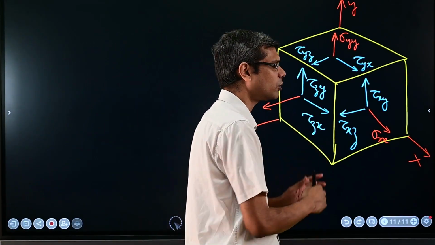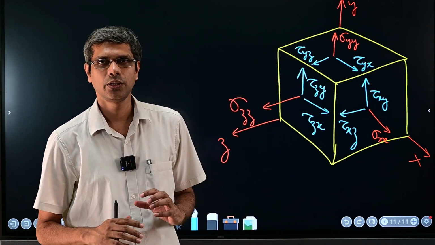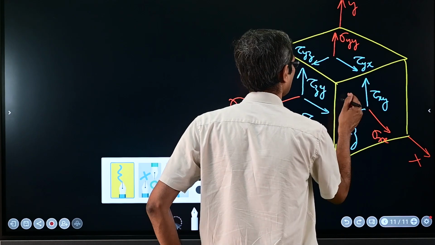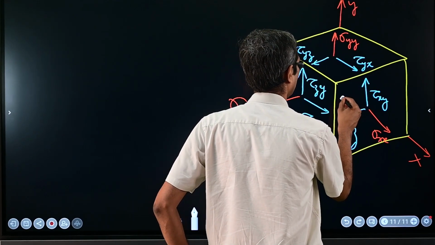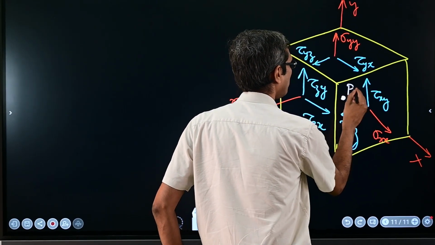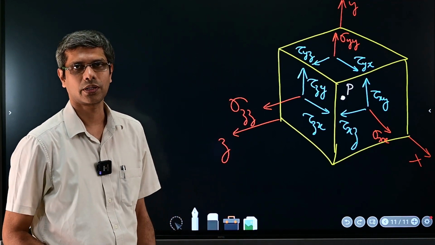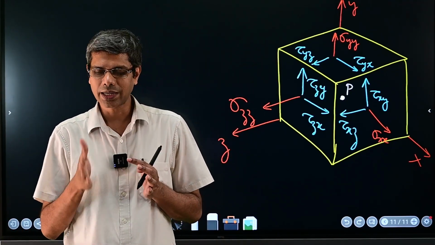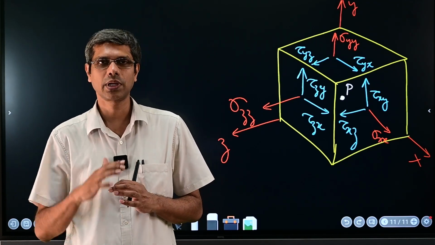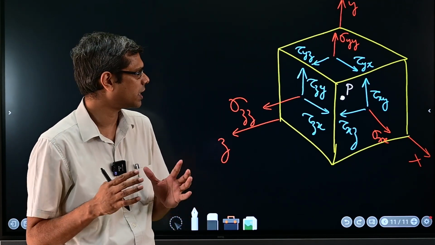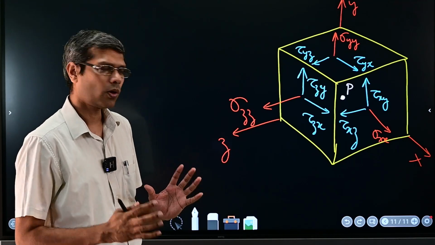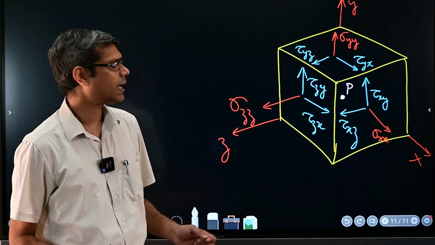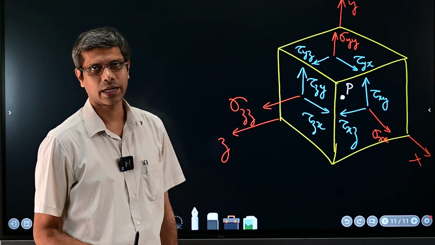But whenever you look at this cube, you should think that there is a point somewhere at the center. Your main concern is about that point, not this cube. You have imagined this cube so that you can define planes, three independent planes, and then you always have to shrink this cube to the point P, and say that all these stresses are at that point.